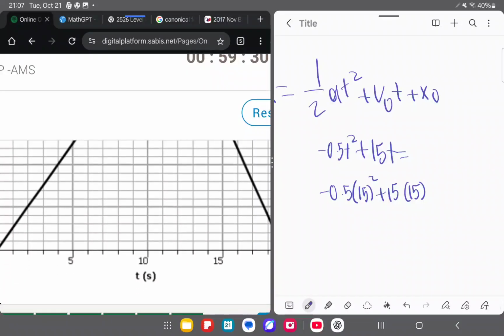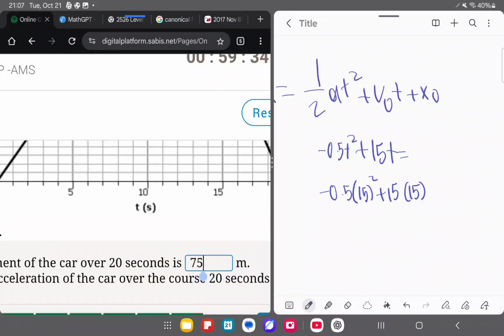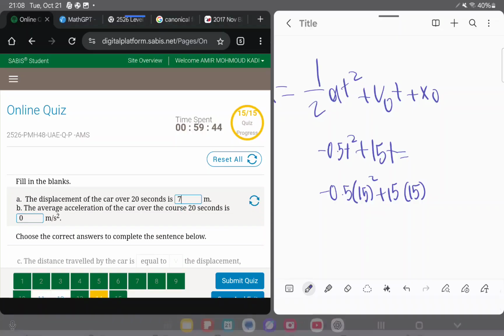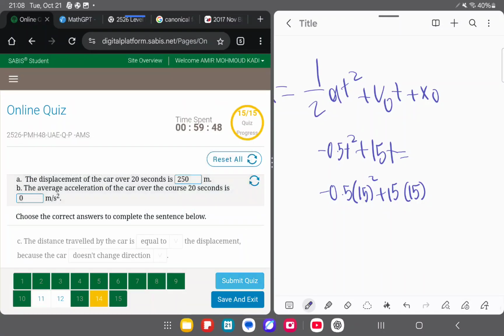So 8 to 14 means the top base is 6, and the bottom base is 19. So 6 plus 19 divided by 2 times 20 is 250. Sorry. Okay, we fixed this one for sure.